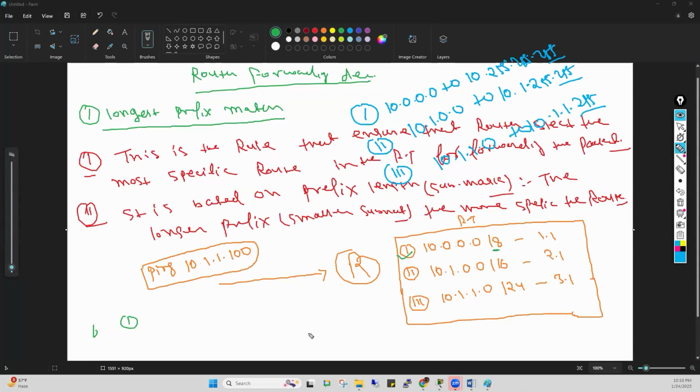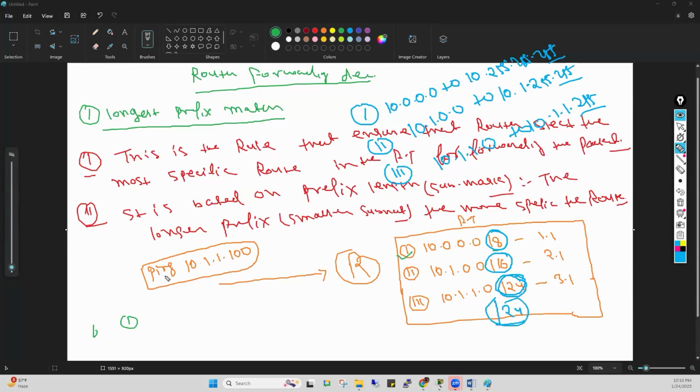But whenever this packet reaches the router, it will perform the longest prefix match. What do you mean by longest prefix match? Here you are using /8, here /16, and in entry number 3 you are using /24. So what is the longest one? /24. So the most specific prefix is /24.